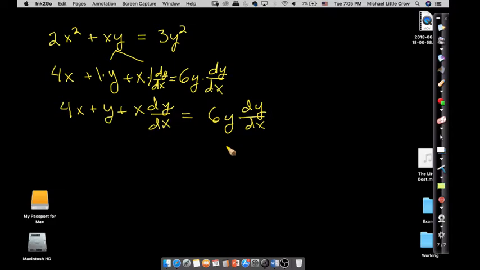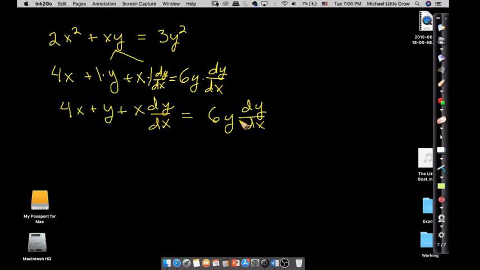We're going to solve for it. What should we do? We will eventually, but if we divide by 6y at this step, we'd have to divide all of these by 6y, and we would still have the dy dx's on opposite sides. We want to get them over so we're getting 1 dy dx. Yeah, so let's bring them together.